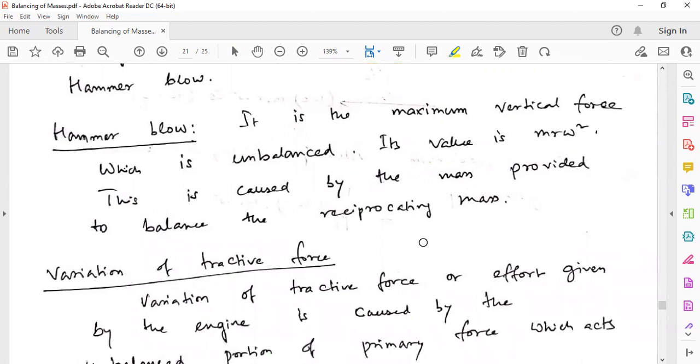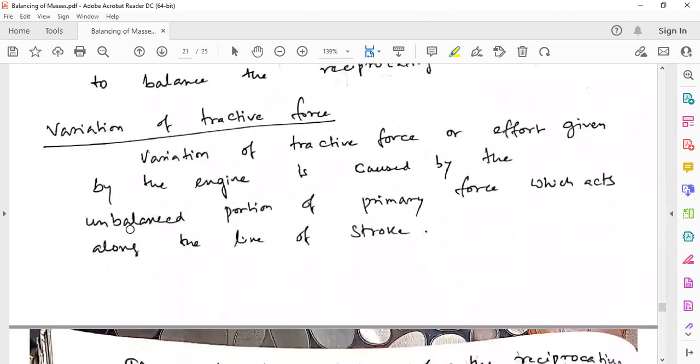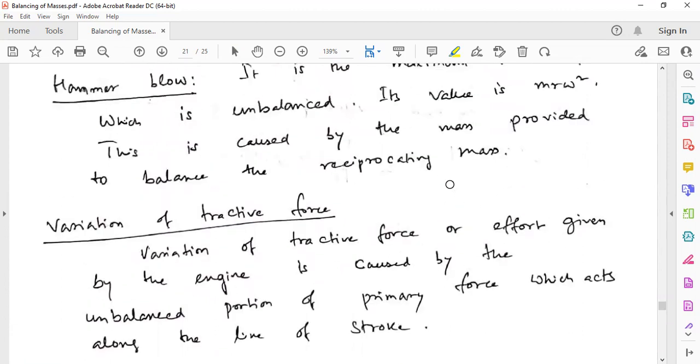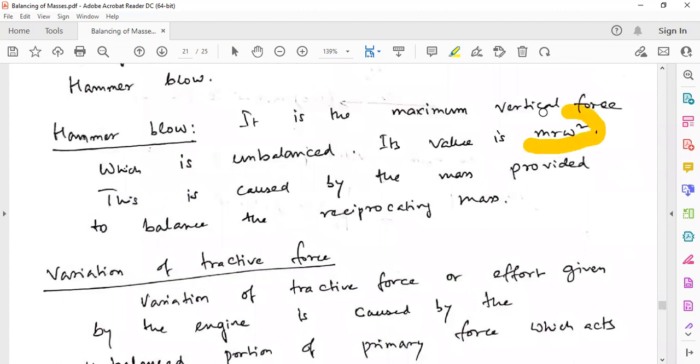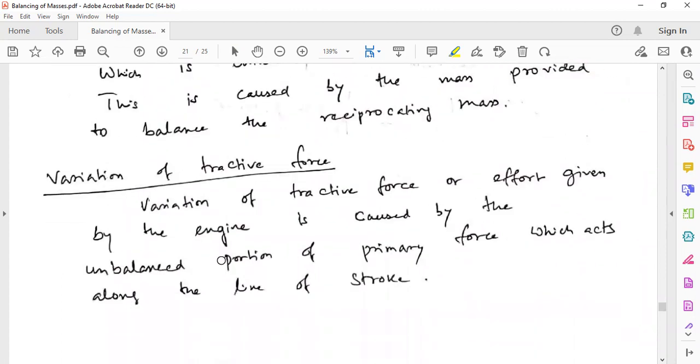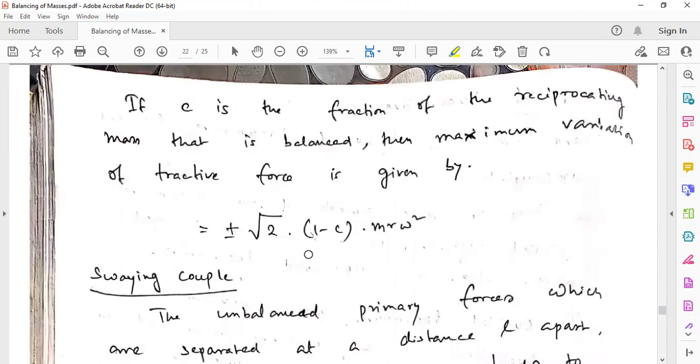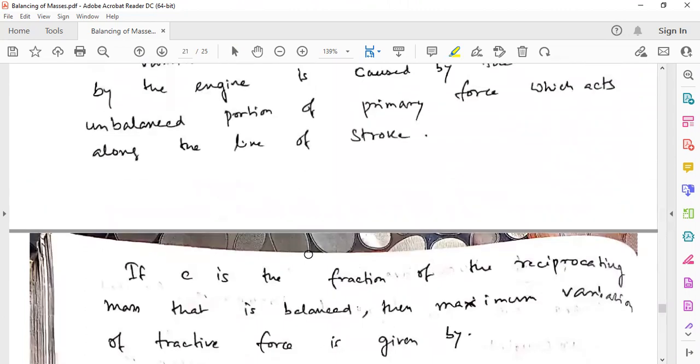For the reciprocating part, the primary force causes the reciprocating unbalance, and some portion of that causes variation in tractive force. Since we cannot balance the primary force completely, we have to balance a portion of it, a fraction, a percentage of that.